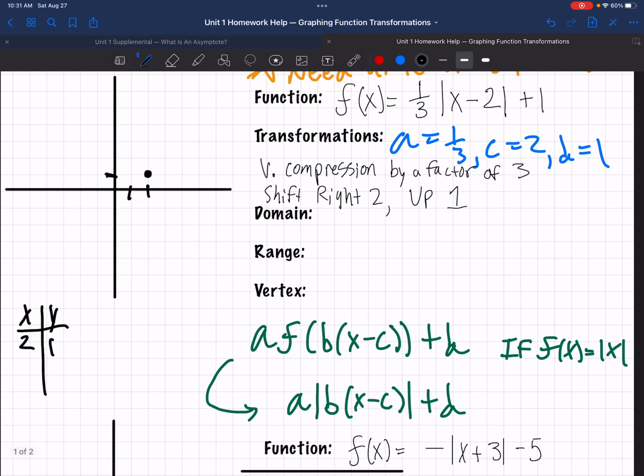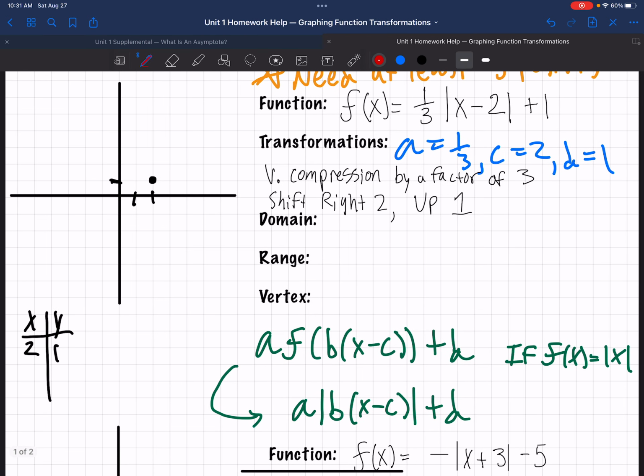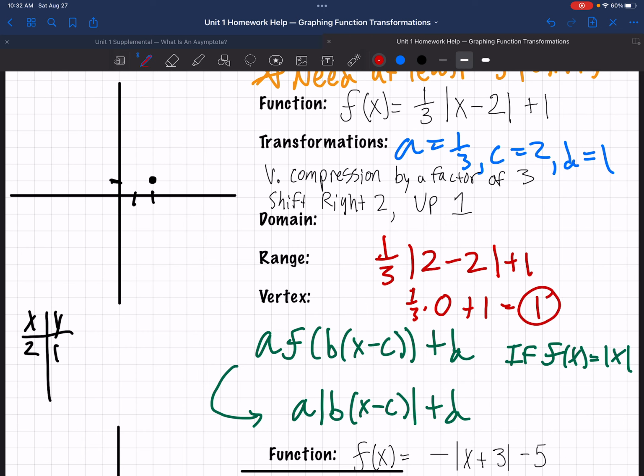And if we don't believe that, well, look at this. 1/3 times |2 minus 2| plus 1. Well, 2 minus 2 is 0. 1/3 times 0 plus 1 is 1. So that's my output. Do you see how I did that?